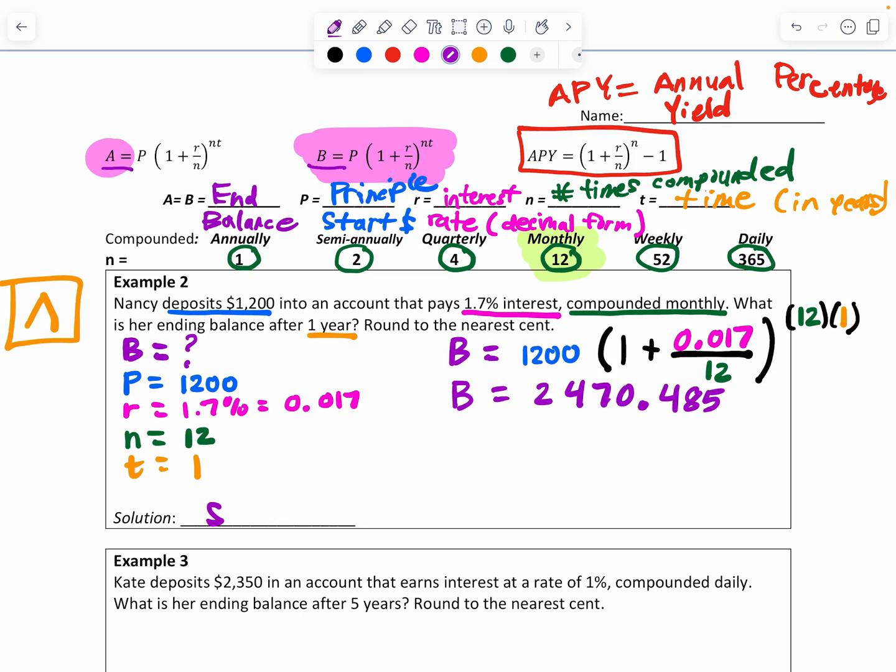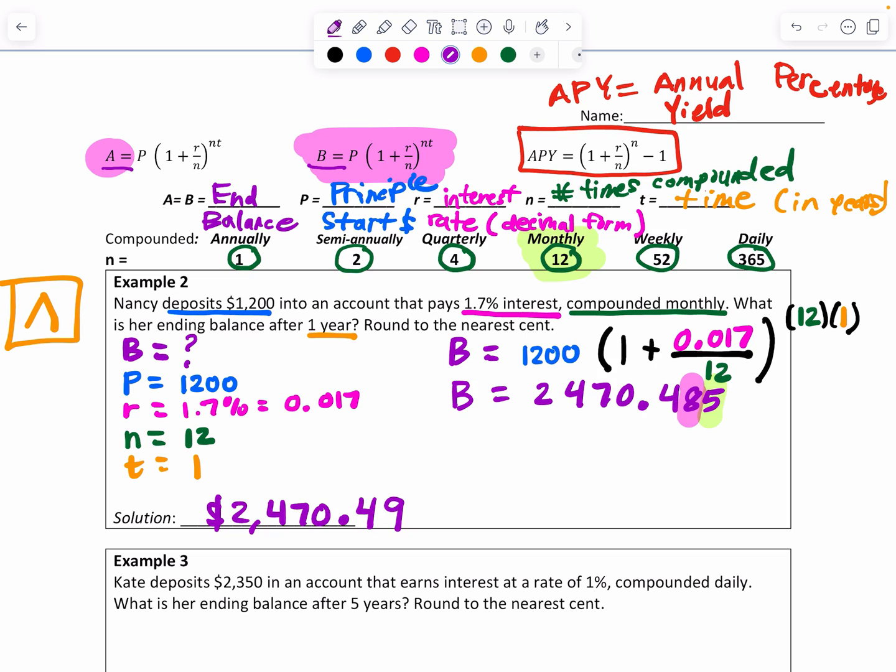So our answer is going to be $2,470. And, okay, so when I'm rounding, I'm going to keep the 4 and then the 8 right here, because the number that comes after the 8 is 5 or bigger, I'm going to round up to 9.